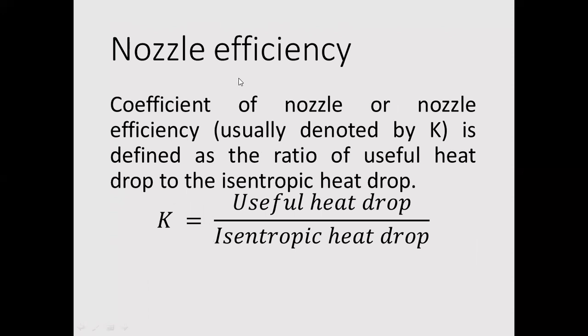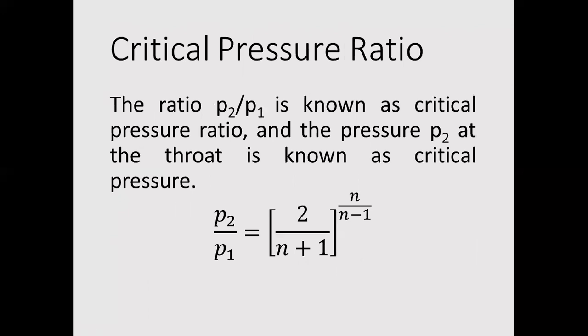Next topic is nozzle efficiency. Nozzle efficiency is denoted by the symbol K, and it is defined as the ratio of useful heat drop to the isentropic heat drop. Next topic is critical pressure ratio. P1 is the entrance pressure and P2 is the exit pressure.